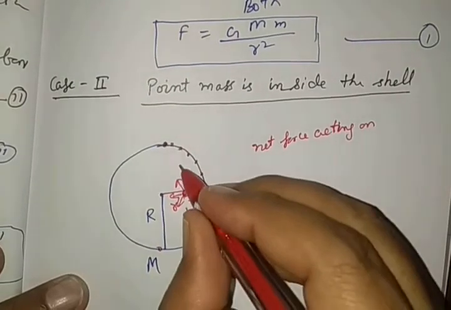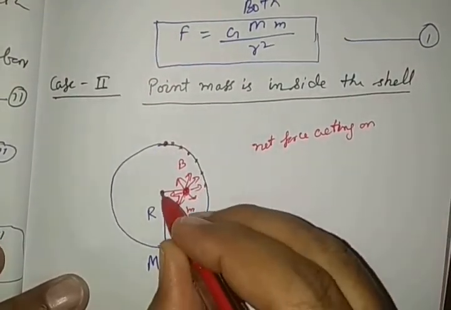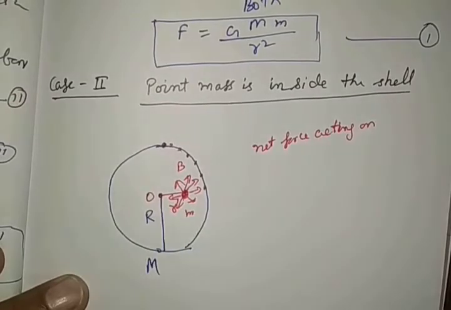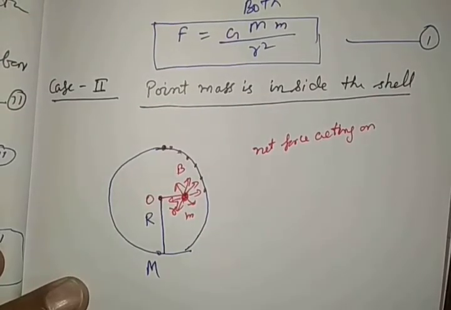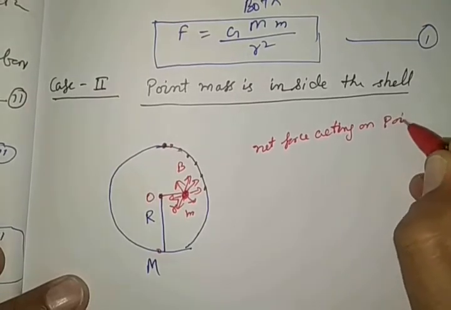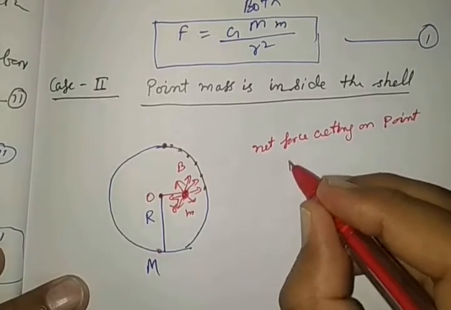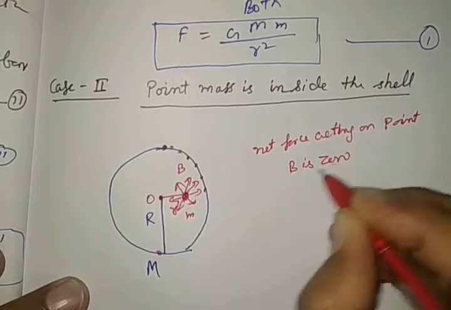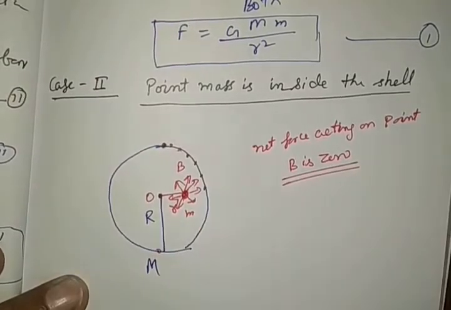Let this be point B and the center be origin O. So the net force acting on point B is 0. One is cancelled by another.